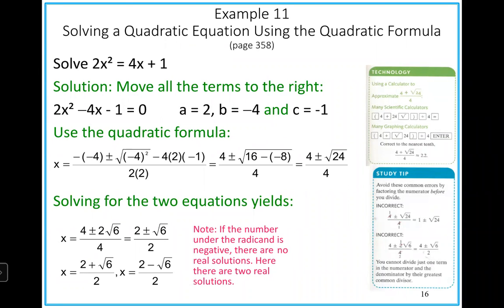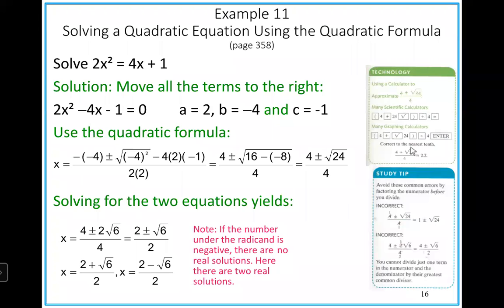I want you to note on the side here, they show where you could actually work out the result using a calculator, finding the square root of 24. If you say 4 plus the square root of 24, divided by 4, you get 2.2. It's an approximate answer, rounded off.